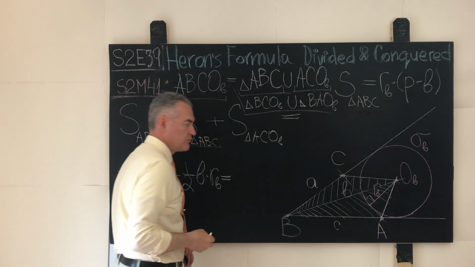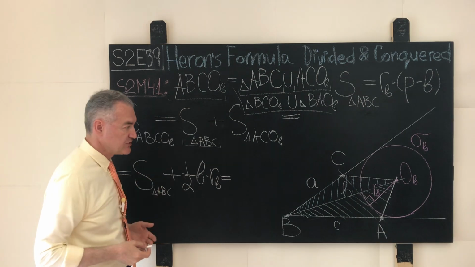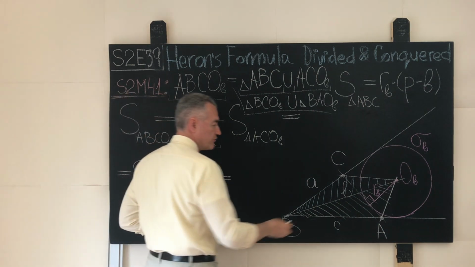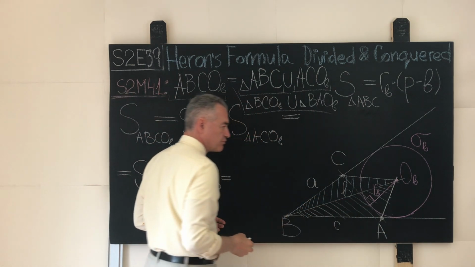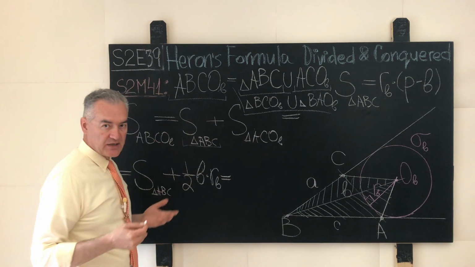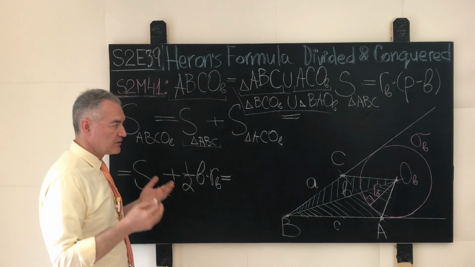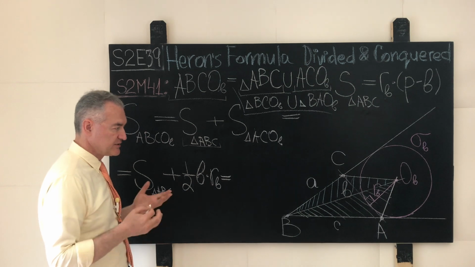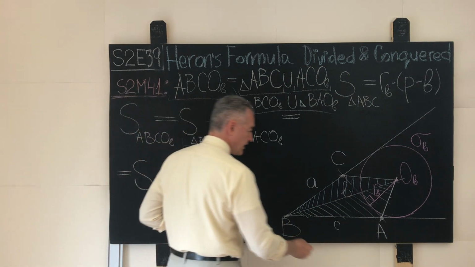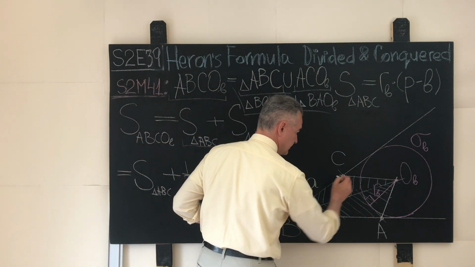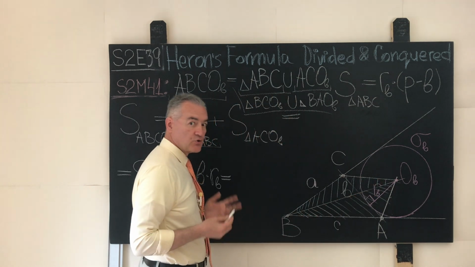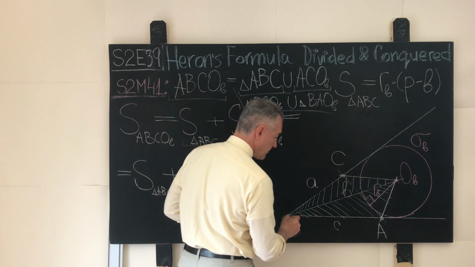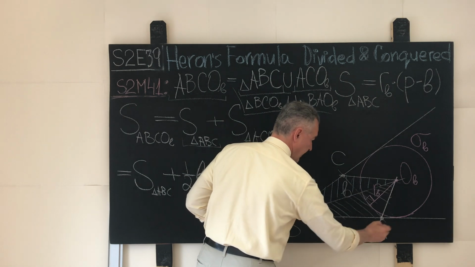And that means that, applying the same idea, the area of the quadrilateral ABCOB can be represented as the straightforward arithmetic sum of the areas of two smaller and simpler primitive parts. Again, I may not say these words all the time, but you should not be lazy and say them. The whole in this case is the quadrilateral ABCOB. The smaller and simpler primitive parts are the triangles BCOB and BAOB.